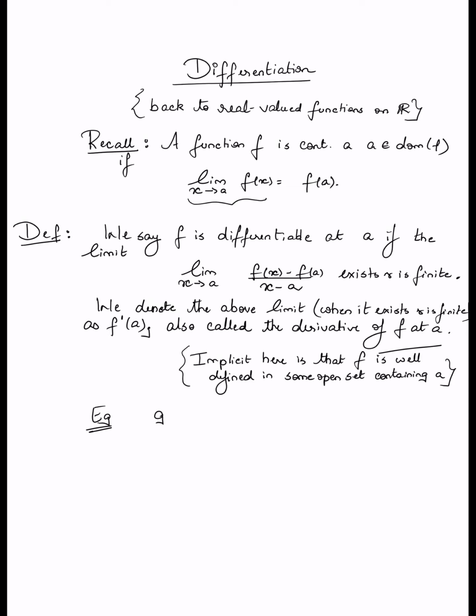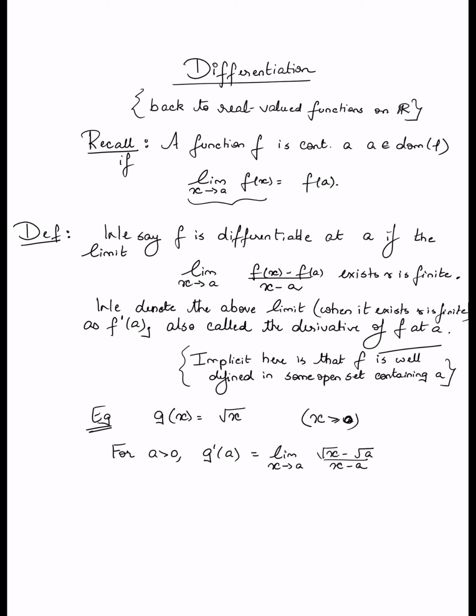The first example we will consider is g of x equal to square root of x for x greater than or equal to 0. This is a function over the non-negative reals, defined as simply the square root of the argument. Now for a greater than 0, let's look at g prime a. G prime a, if it exists, is going to be the limit as x tends to a of square root x minus square root a upon x minus a.